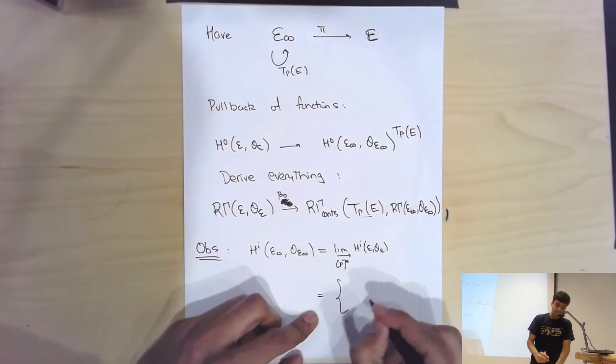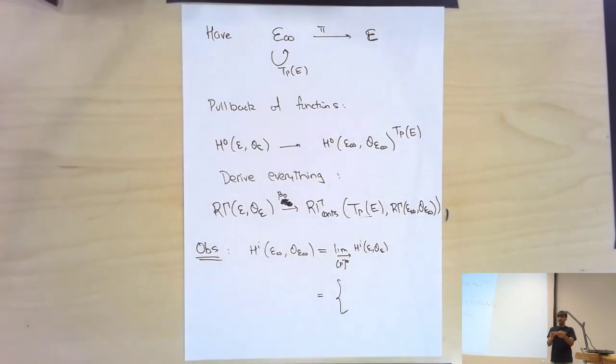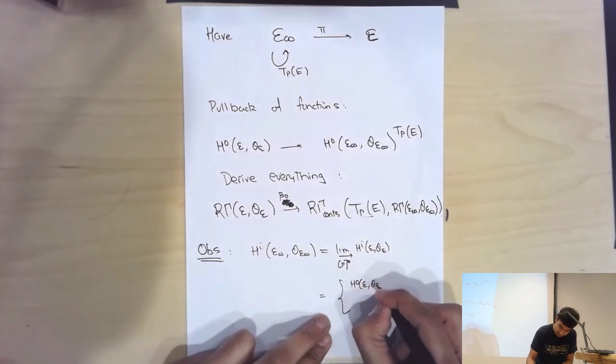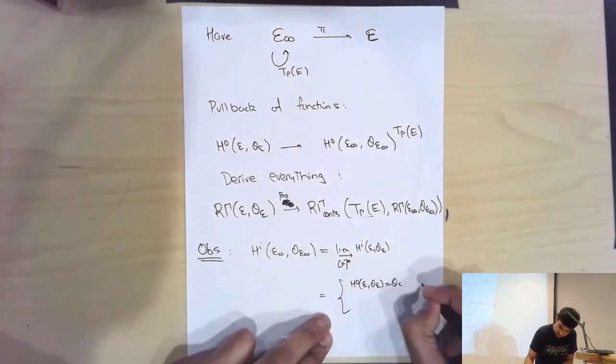But we know what the cohomology of the elliptic curve is. It lives in degree 0 and 1. In degree 0, it's the constant functions, and in degree 1, it's H^1. But then I told you earlier how multiplication by p acts on cohomology. In degree 0, it acts as 1, and in degree 1, it acts as p. So in degree 0, you're doing nothing. So you just get H^0 of E, O_E, which is just the constants, O_C.